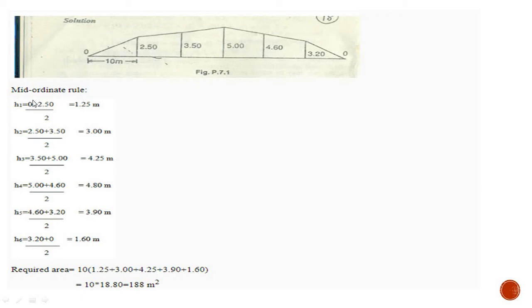So how can we get the area by following mid-ordinate rule? First we have to calculate the mid-ordinates: h1, h2, h3, h4, h5 and h6. So how can we get h1? By taking the average of first 2 ordinates. So 0 plus 2.5 divided by 2 equals 1.25 meter.